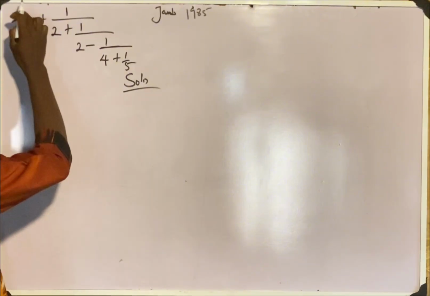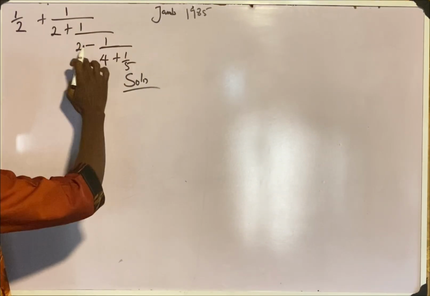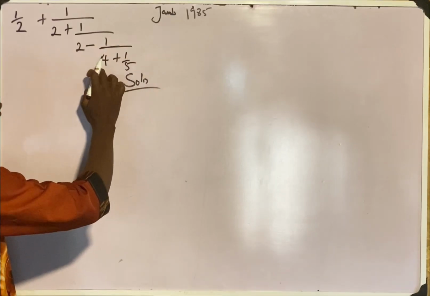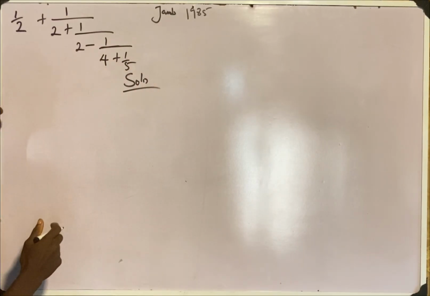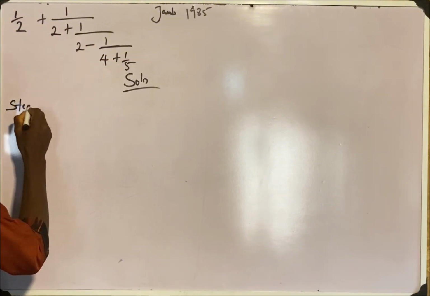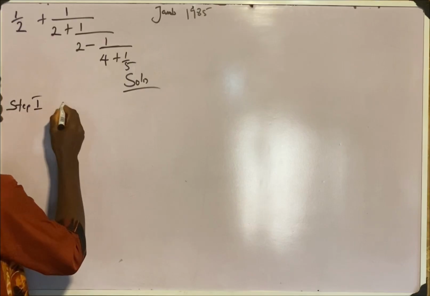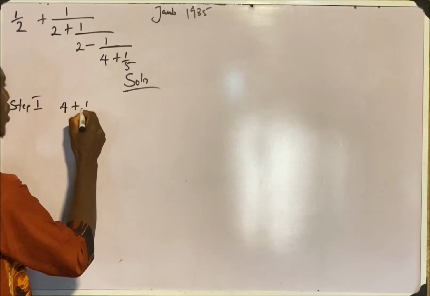You know, this is 1 over 2 plus 1 over 2 plus 1 over 2 minus 1 over 4 plus 1 over 5. So the first fraction, that is step 1, we solve this, which is 4 plus 1 over 5.